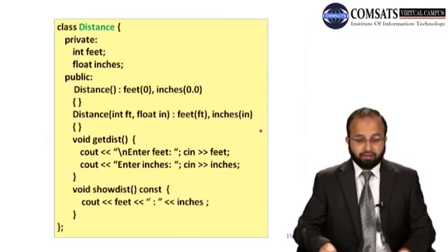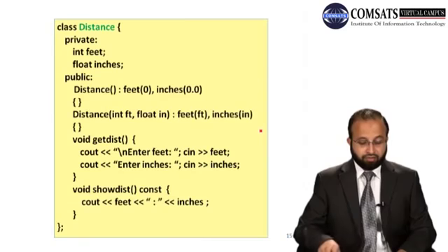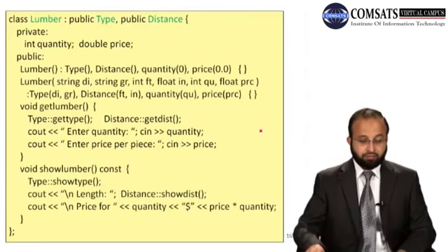And for length we use the distance class to represent the length of a lumber. So distance class के बारे में आपको clearly मालूम है, we have a default constructor, 2 argument constructor, get dist function and show dist function, right? So this is a lumber class.